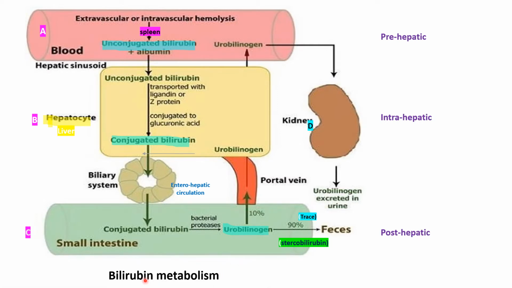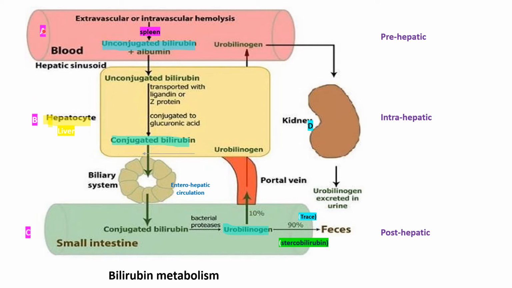A short recap of the bilirubin metabolism. What happens to bilirubin? The bilirubin metabolism takes place in three main phases, or three main media.